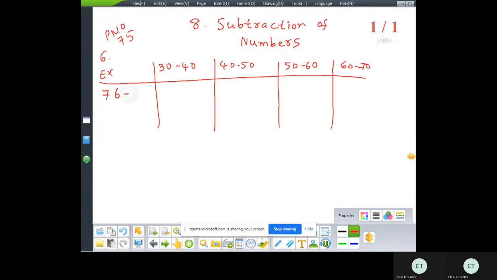76 minus 28. First, we do the subtraction. After subtraction, we get the answer. Between which two numbers does the answer lie? Here, the subtraction is 76 minus 28.